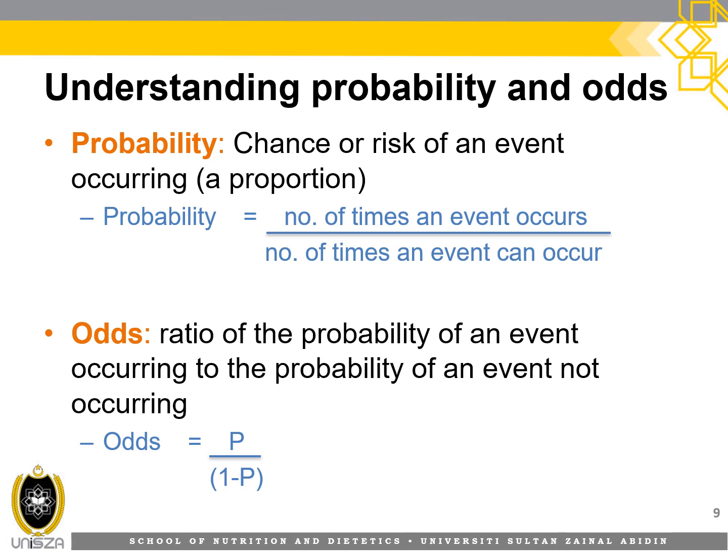Meanwhile, odds is a ratio of the probability of an event occurring to the probability of an event not occurring. So odds is equal to probability divided by 1 minus probability.